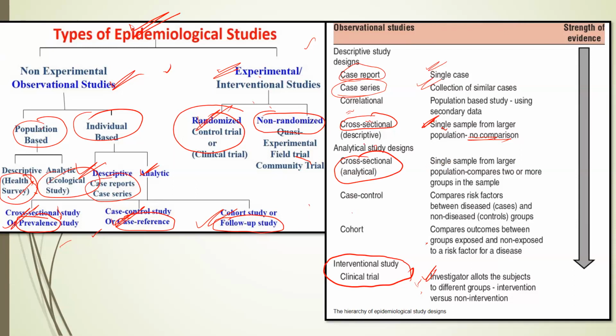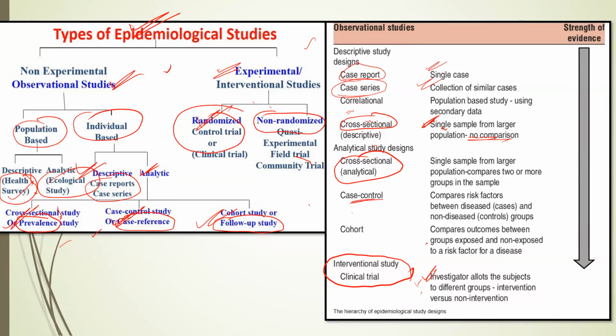But the one that comes in our exam is basically the single sample wherein you're studying the prevalence. That's what they ask you in the exam. But it's better you know that there are two varieties of it. You have the descriptive one and the analytical one. And in descriptive one, you don't divide, and in analytical one, you'll divide the sample.